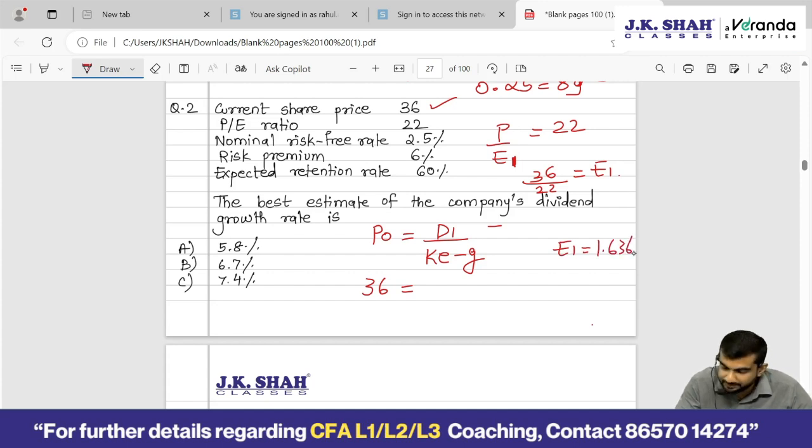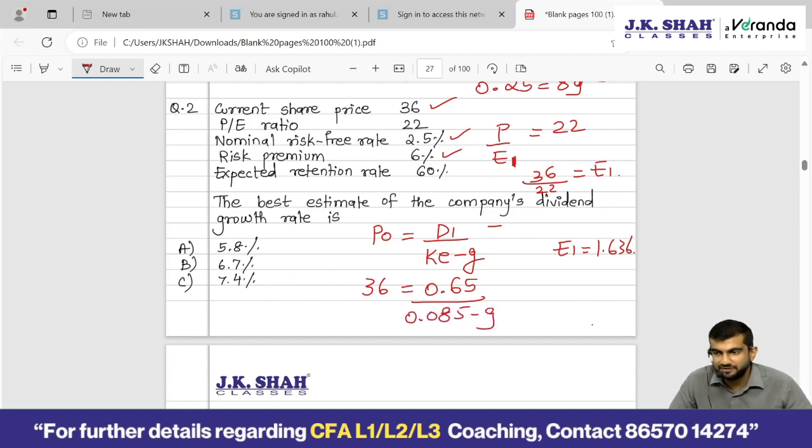I take 40% of that, dividend, into 0.65 upon KE. KE will be nominal risk-free rate plus the risk premium, 8.5%. 0.085 minus G. Now if you solve for G, you will get something like 6.68, which is option B, 6.7%. So B should be the answer.